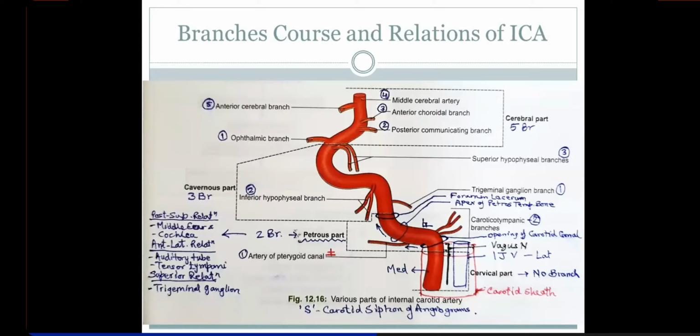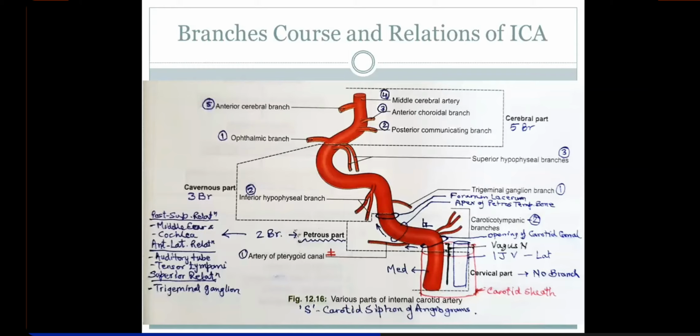It will be the mandibular nerve. So these 2, and in the lower portion, the carotid artery is related to the lower 1/3 of the anterior wall of the middle ear. That's why the middle ear is posterior-superiorly related to the internal carotid artery.